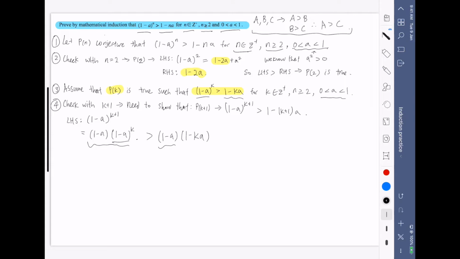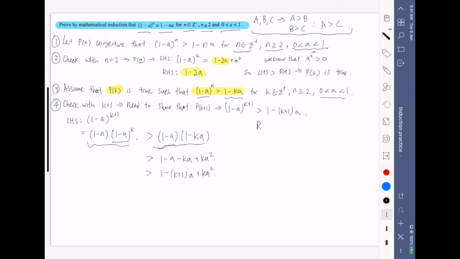And if we try to simplify this expression, it is greater than (1 − a)(1 − ka), which is 1 − a − ka + ka squared. And we can simplify this further as 1 − (k + 1)a + ka squared, right?